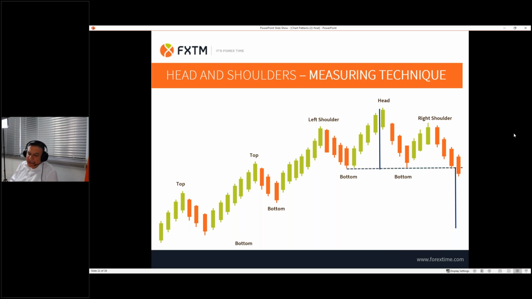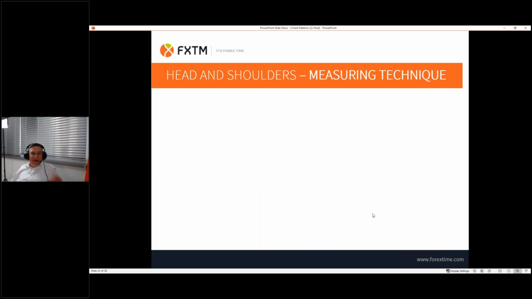But the theory is the same. And this is the most important thing, that we have a concept, a theory, a system. What I'm giving you here is a whole system, actually. I'm telling you the entry in the market, where to place the stop loss, and I'm showing so far the minimum price target according to this theory. Let's go on. Measuring technique, we covered that, and now we move on.